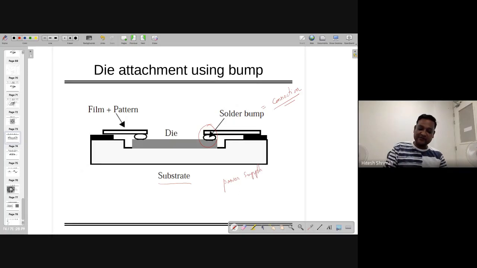When I'm saying that there is a power supply bump or the substrate bump or the ground bump, it means that I'm connecting these lead wires through some specific process, and I'm connecting to the die. Note that this die is actually like this. So there are many bumps like that surrounding this.